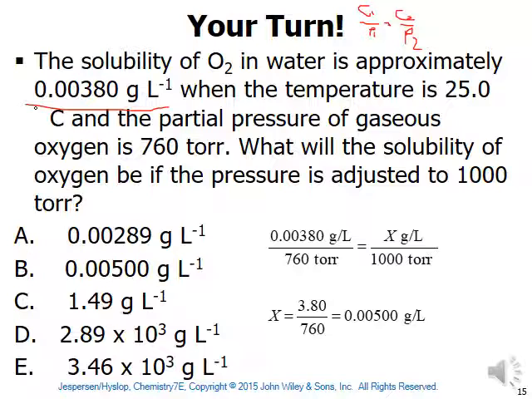So what we have here is the concentration C1 and initial pressure. What we want to do is change the pressure to 1,000 torr. What happens to concentration? Simply plug them in, solve for a new concentration, and you get this value right here. Does that make sense? You're increasing the pressure, so the solubility should go up, and this is greater than this.